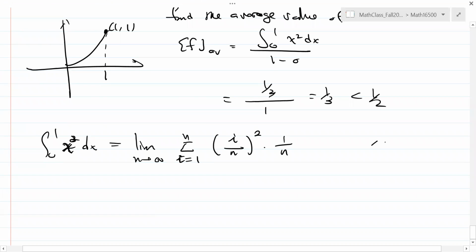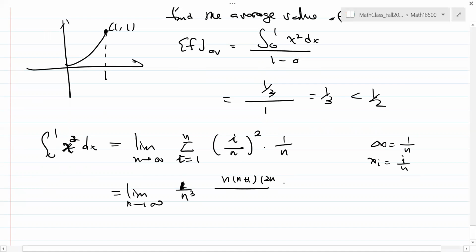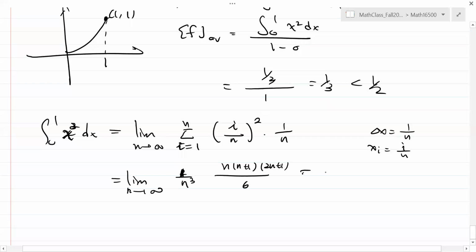The reason is delta x is 1/n, and xi is going to be i/n, so xi squared is i squared over n squared. Then add them together and take the limit. The sum is 1/n cubed times the sum of i squares, which is n(n plus 1)(2n plus 1)/6. So the limit is going to be 1/3.